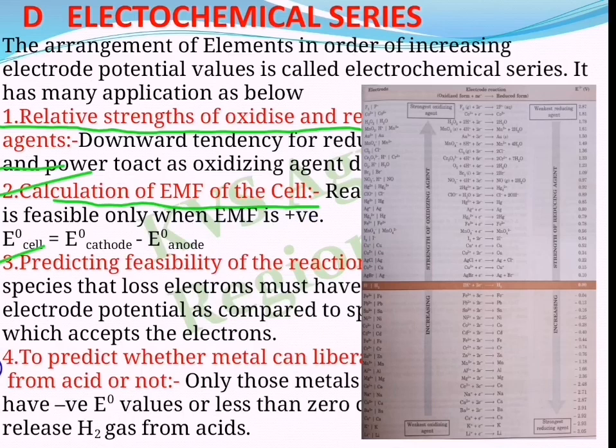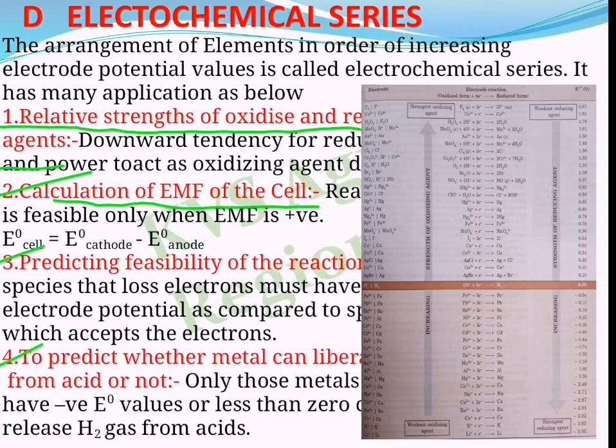The fourth application is to predict whether a metal can liberate hydrogen from acid or not. Those electrodes or metals which have negative values can only displace hydrogen from the acid. Those metals which have positive values will not displace hydrogen from the acid, or they do not react with acid to form hydrogen gas.